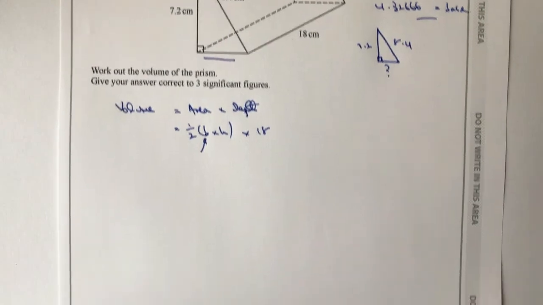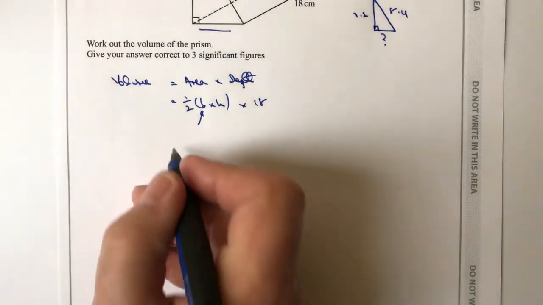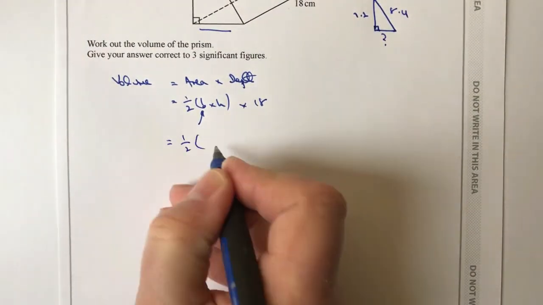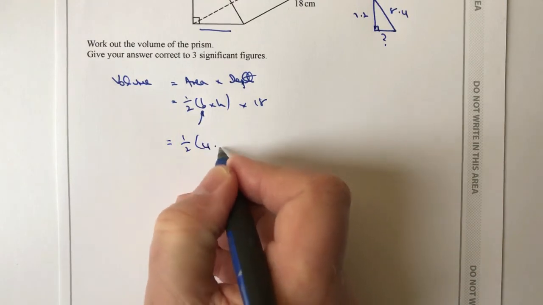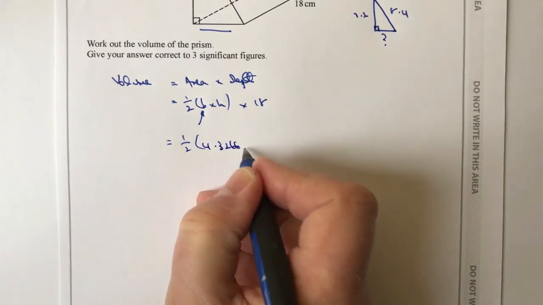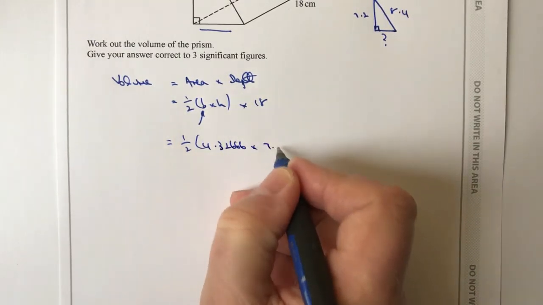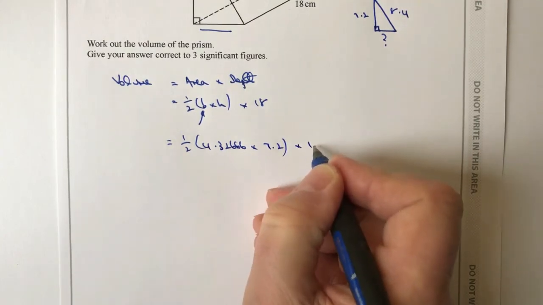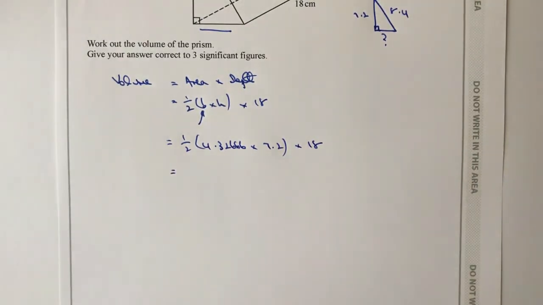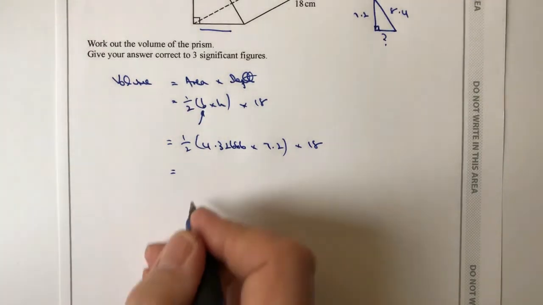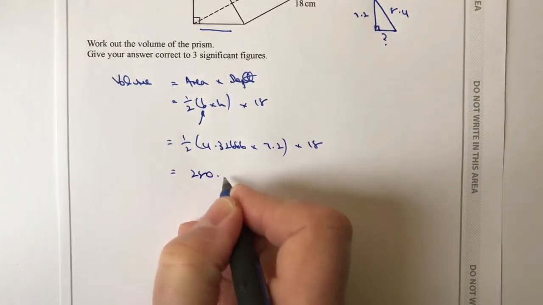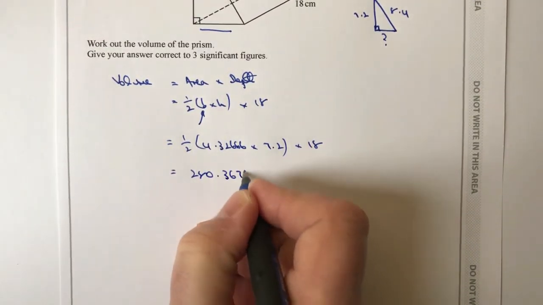If I do that, I've got volume equals a half, and base is 4.32666 times the height of 7.2 times the depth of 18. Pop all that together and I'm going to get 280.36766.